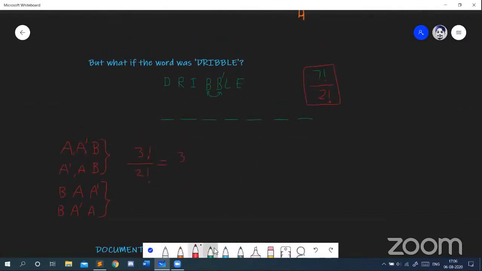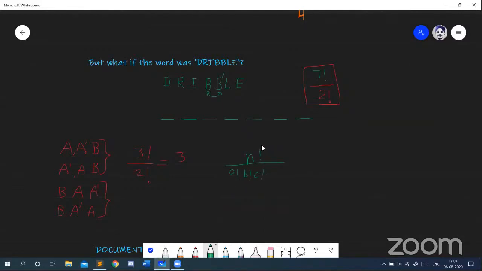So what I'm saying is that if you have n objects in total, out of which A are identical of one kind and B are identical of yet another kind, and C are identical of another kind, then the number of ways in which I can arrange them is n factorial over A factorial times B factorial times C factorial, and so on, right?